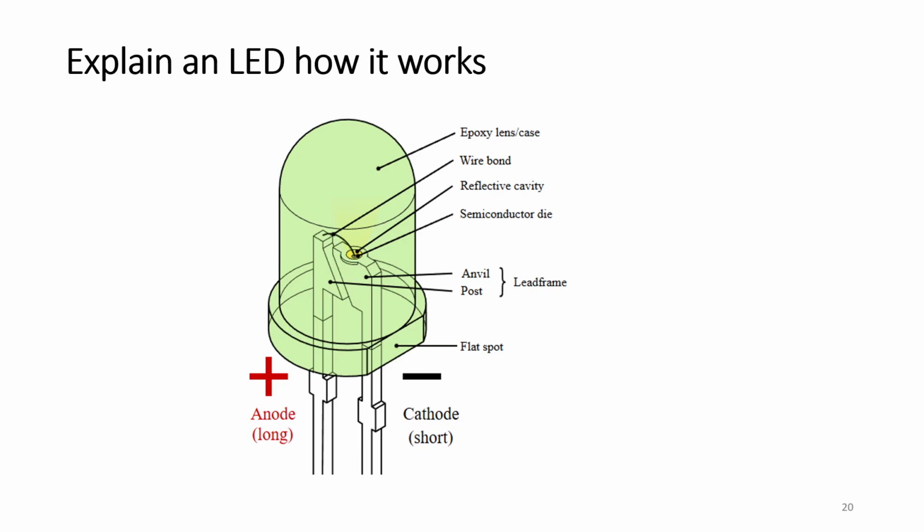Inside the die, electrons and holes combine and emit light, which is reflected by the reflective cavity and guided outward by the epoxy lens. This combination of electrical connections, mechanical support, and optical shaping allows the LED to efficiently convert electrical energy into visible light while remaining compact and robust.